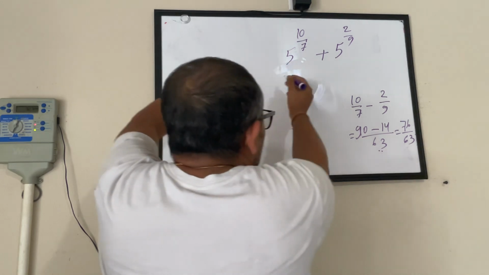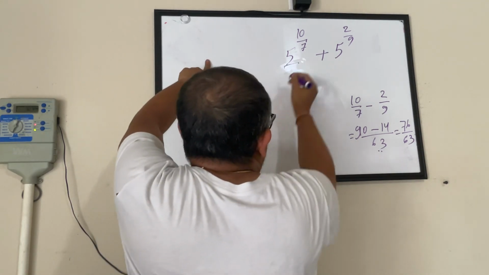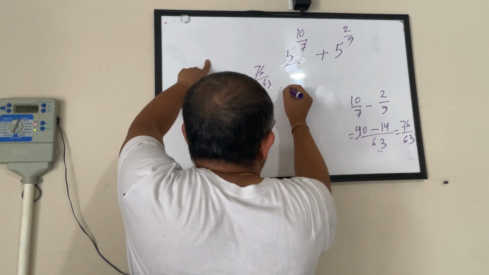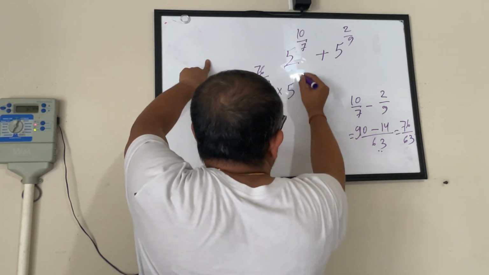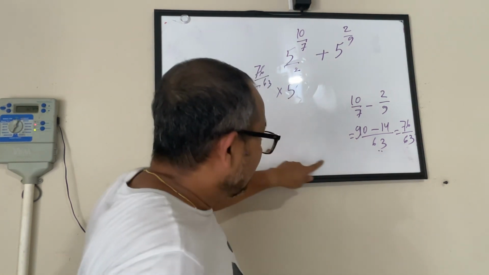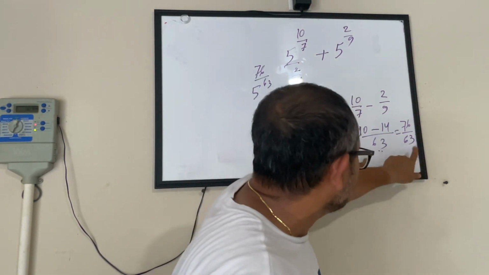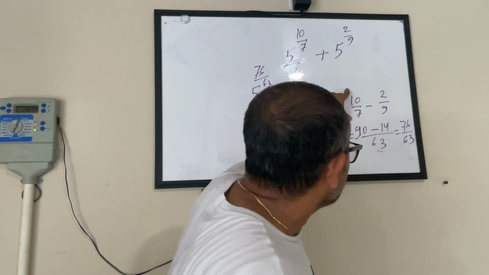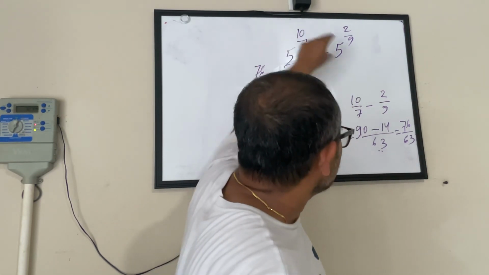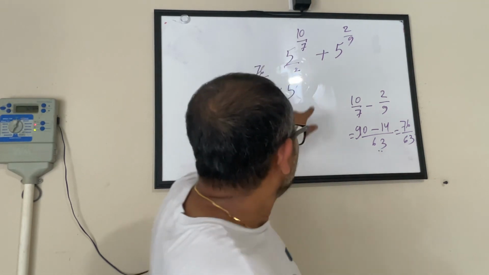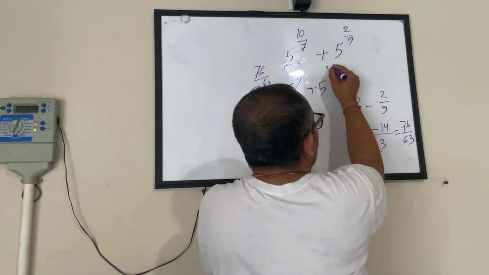So that's why I said, okay, I can break this into two parts as 5 to the power 76 by 63 into 5 to the power 2 by 9. Because 10 by 7 minus 2 by 9 gives me 76 by 63, meaning 76 by 63 plus 2 by 9 equals 10 by 7. So I broke it down into two parts. Now the second one is 5 to the power 2 by 9.